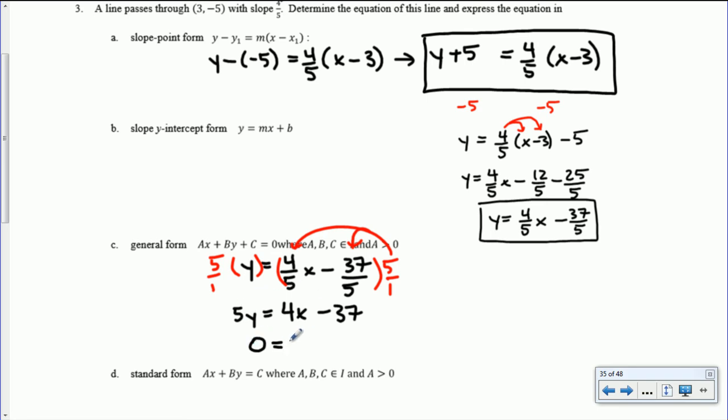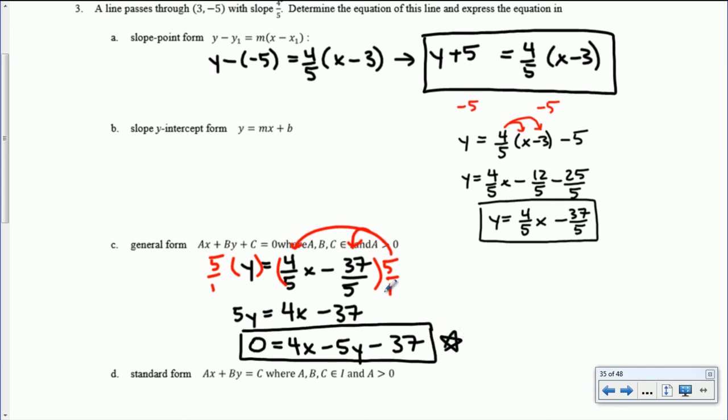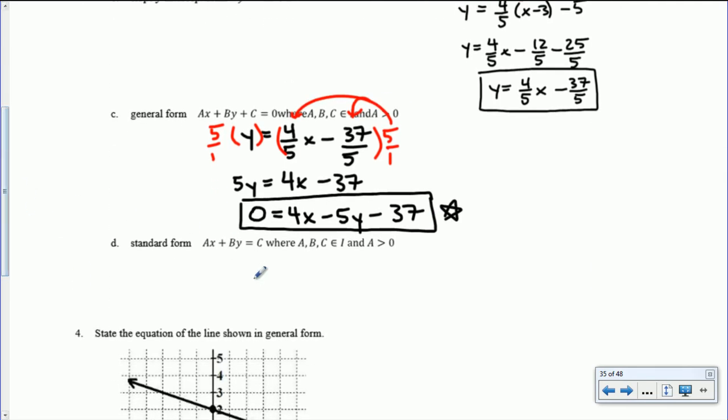So 0 equals 4x minus 5y minus 37. I guess if we wanted to get really specific, we should have this all on the left so that it matches up, but it's pretty minor.